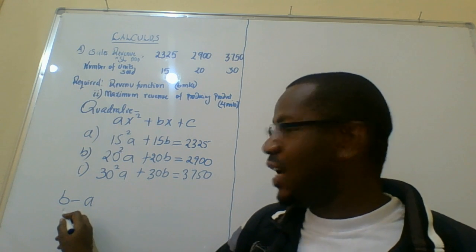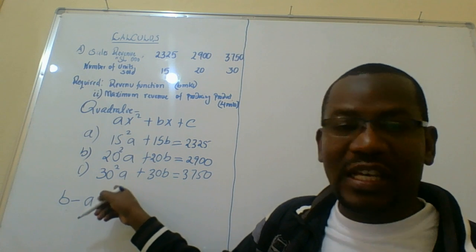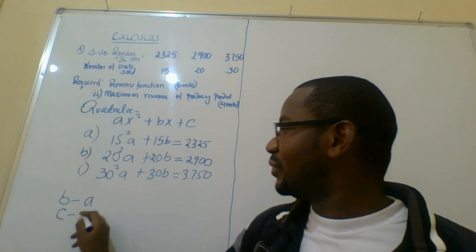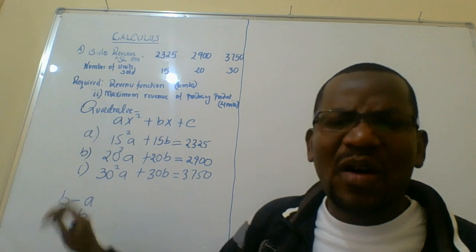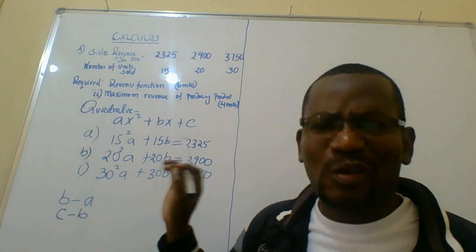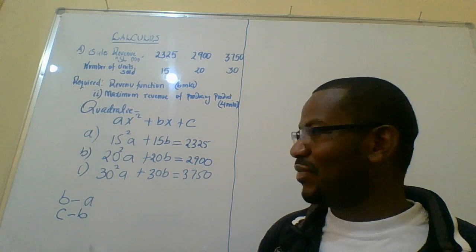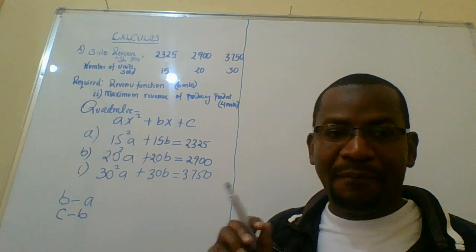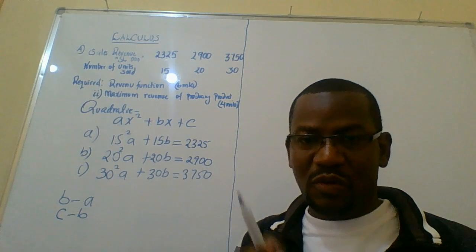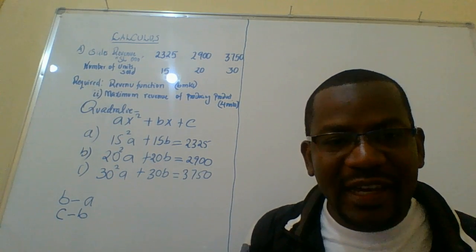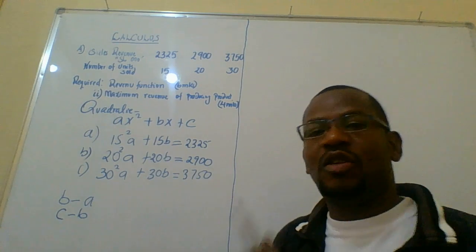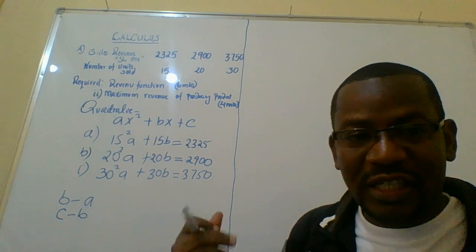Then I'll have C minus B. This is how I'll come up with the simultaneous equations. B minus A will give me one equation, and C minus B will give me another. So let us do it.